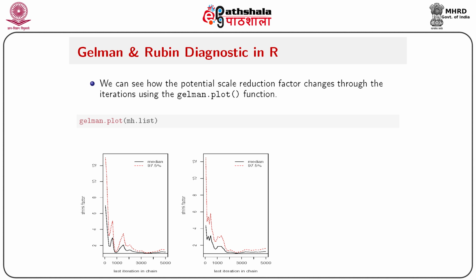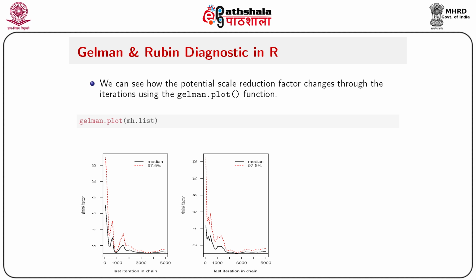So the dotted line is the upper confidence limit, and the dark line is the median, and the x-axis is the last iteration in chain. As the iteration number increases, we can see that the scale reduction factor is gradually decreasing.